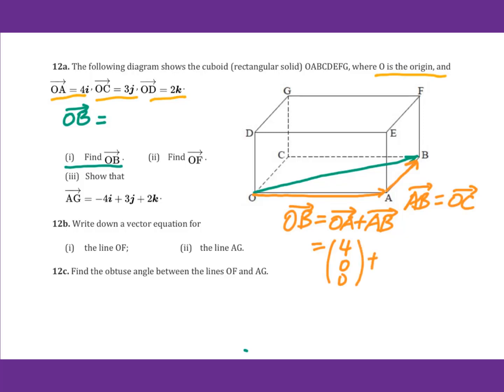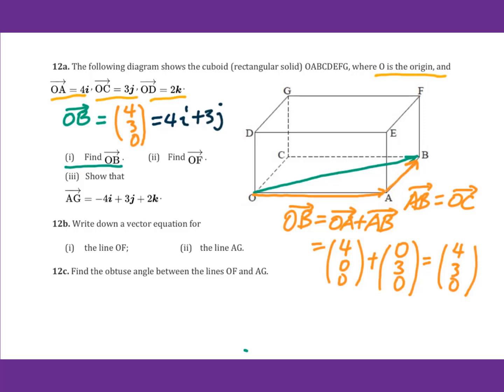AB, that's OC, so we get 0, 3, 0. So we get 4, 3, 0. Or you can write down 4i plus 3j.